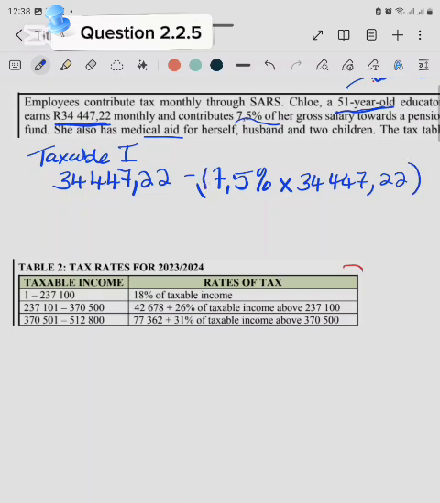Okay. Then when you work that out, you're going to land up saying, well, that's 34,447.22, minusing off 2583.54. That is your pension.